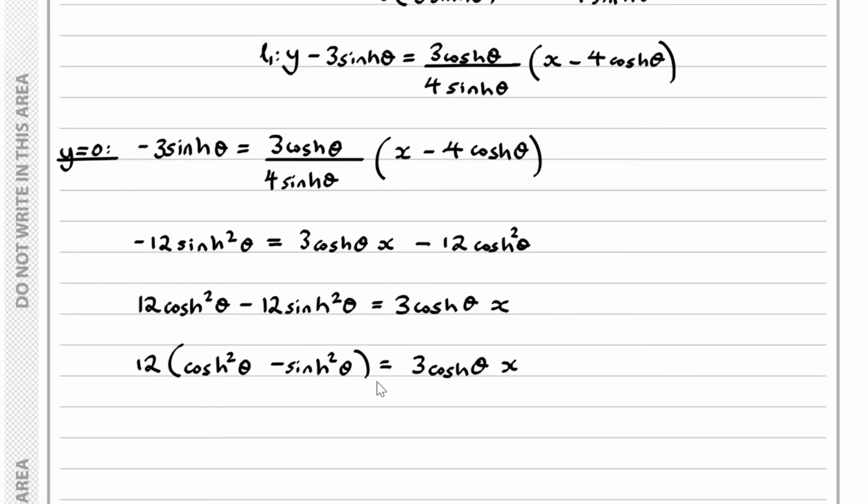And here this is the same as 1, so we have 12 times 1, so 1 is the same as this over here.